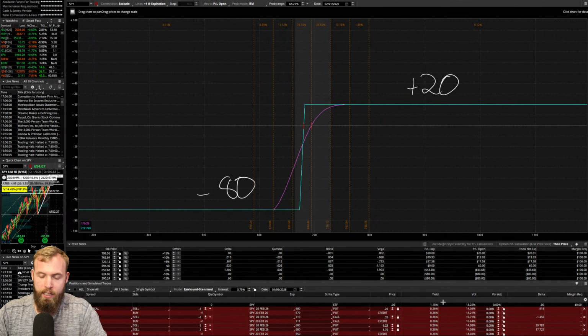So what can we inherently assume? There needs to be some sort of probabilistic balancing for this to make anything even remotely close to sense. Otherwise, why on earth would I accept risking $80 to make 20 if I didn't have a decent probability of making that happen.